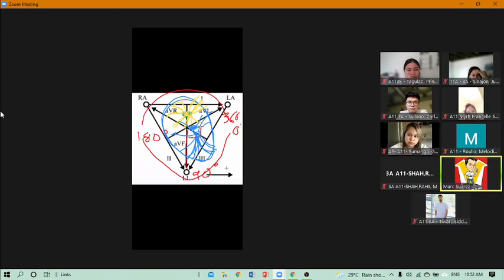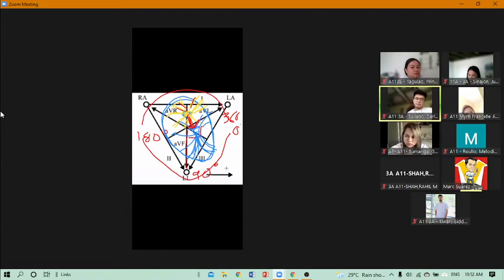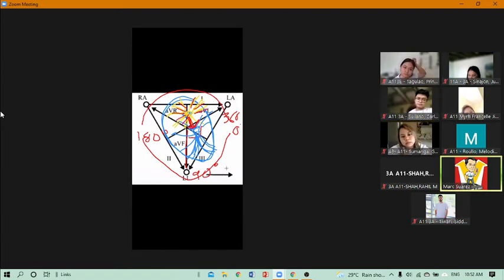However, a vast sum or majority of the impulse goes down to the AV node. Follow? Yes, Doc. These impulses, there are minor impulses that go all around. However, the majority, a vast number of the impulses, goes to the AV node.